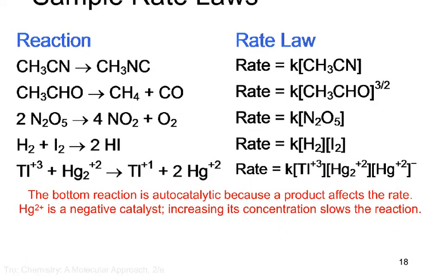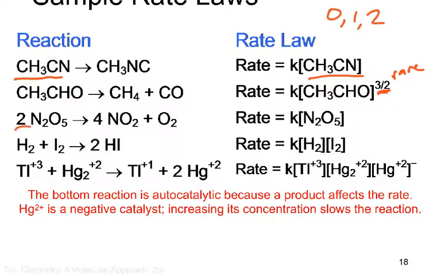Here are some sample rate laws. It can be just first order with respect to the only reactant. On occasion, you'll get fractions. That is rare. In this class, you're looking for orders of the reaction of 0, 1, or 2.